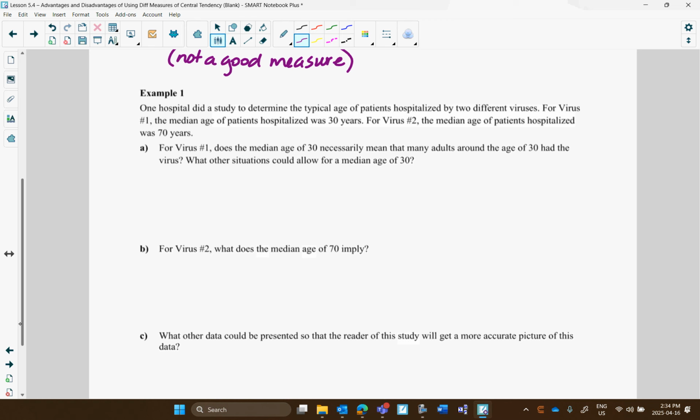So your first question is, for virus 1, does the median age of 30 necessarily mean that many of the adults were around the age of 30? Can you give me a list of 5 ages that have a median of 30 and yet the numbers are not really around 30?